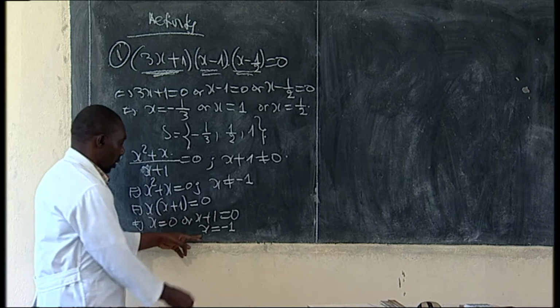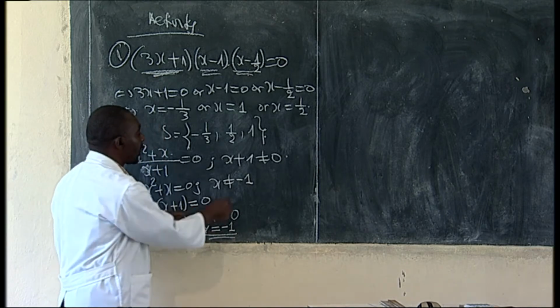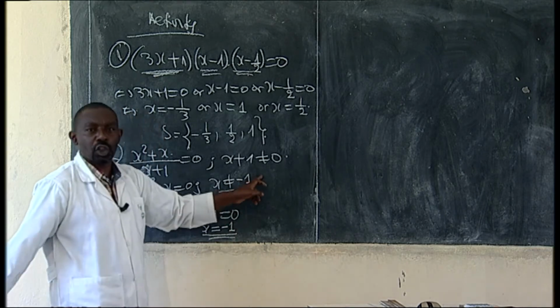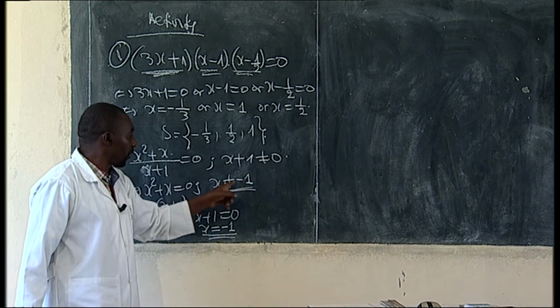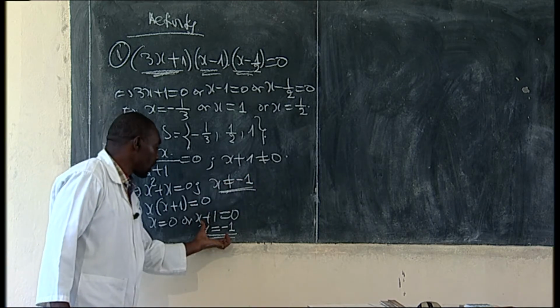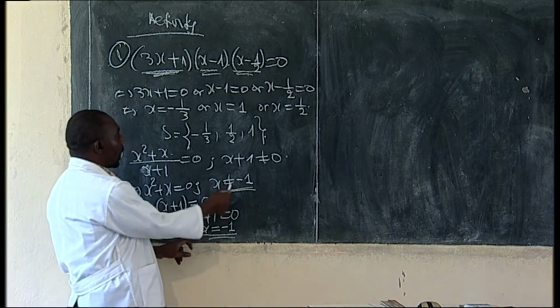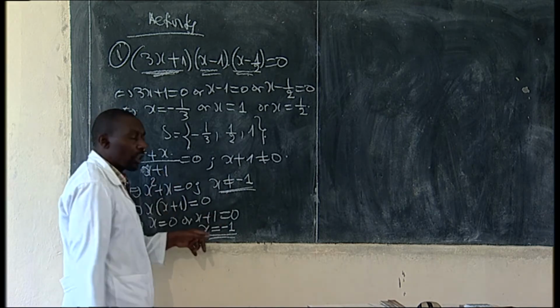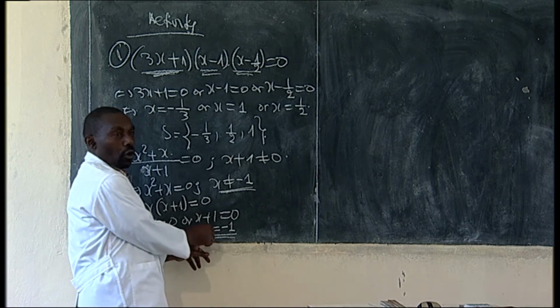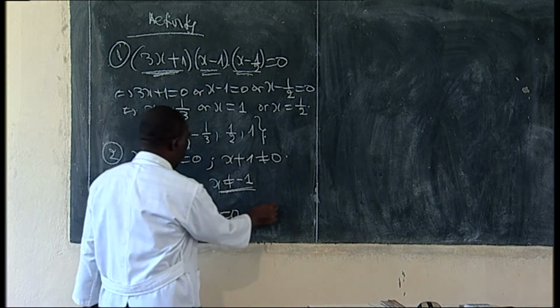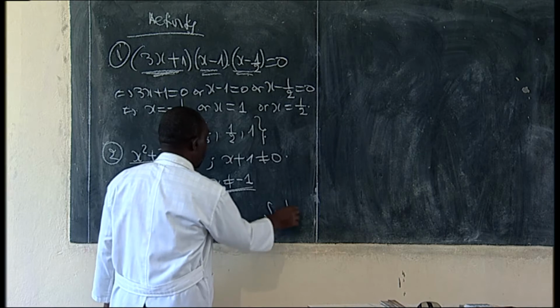Do you see? We have the value of x, but there is another condition on x: x should be different from -1. As this is the root of the denominator, we have to ignore this value of x. Finally, the set of solution is only 0.